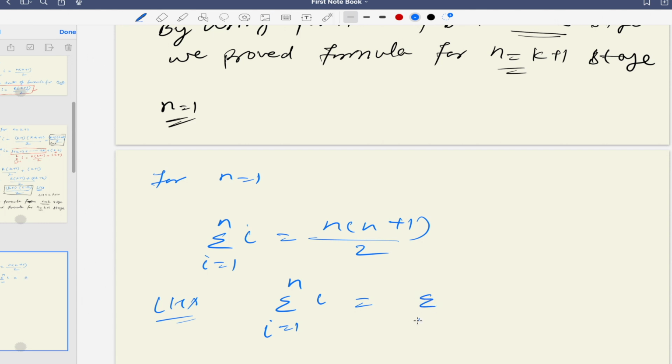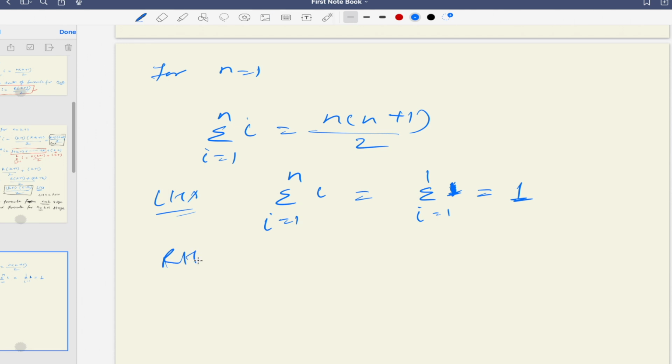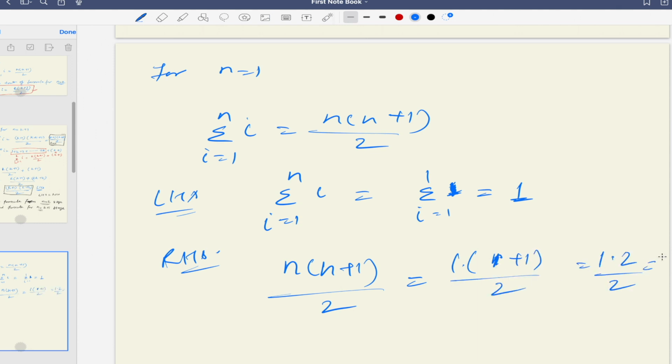So here it will be i equals 1 to 1 for i, which will be 1, right? And the RHS will be n(n plus 1) upon 2. So we replace the value of n with 1: 1 into (1 plus 1) by 2. It will be 1 into 2, ultimately 2 by 2. It will cancel and equal 1. So here LHS equals RHS.